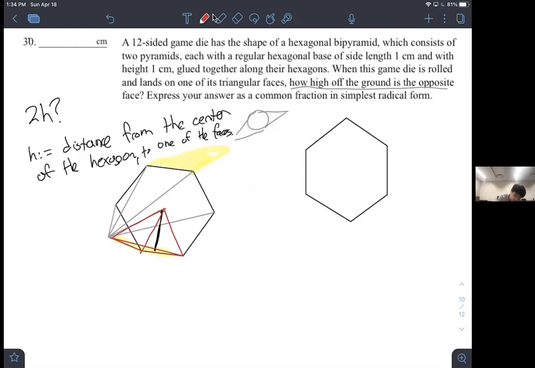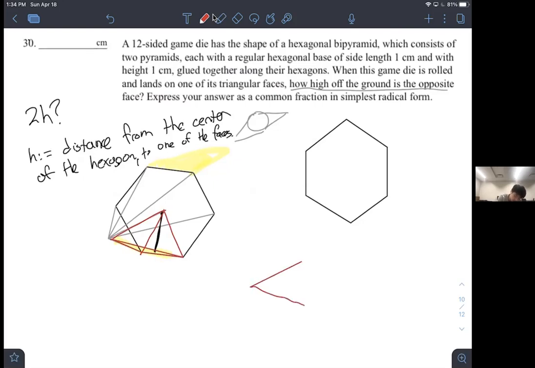Or I can redraw this as, so this is 1/6 of the hex. This is part of the hexagon. And then this is the height of 1. This is the part that's coming out of the pyramid.